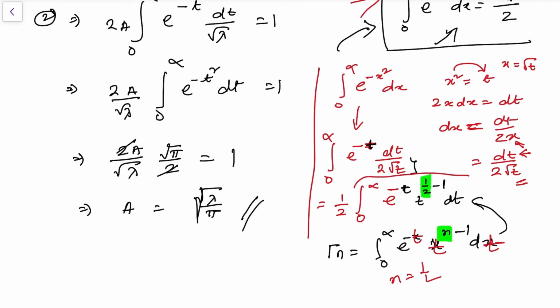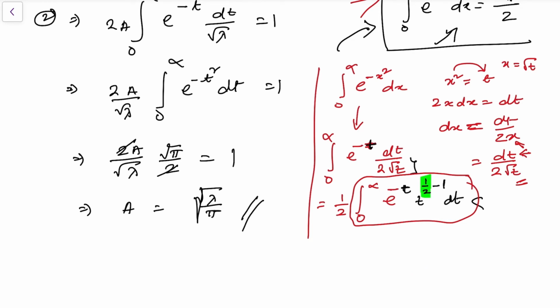So if n equal to half, this term is going to be gamma half, isn't it? So we get half times gamma half, and the value of gamma half, if you know how to evaluate gamma function, is root pi.